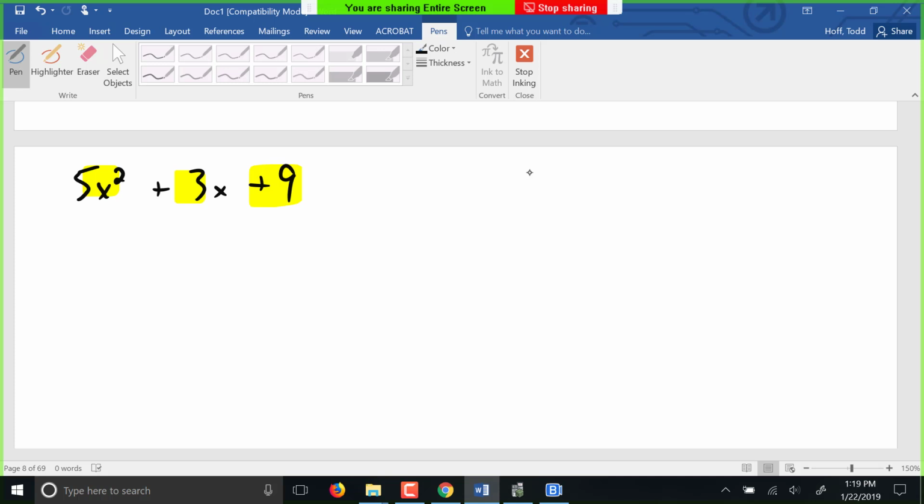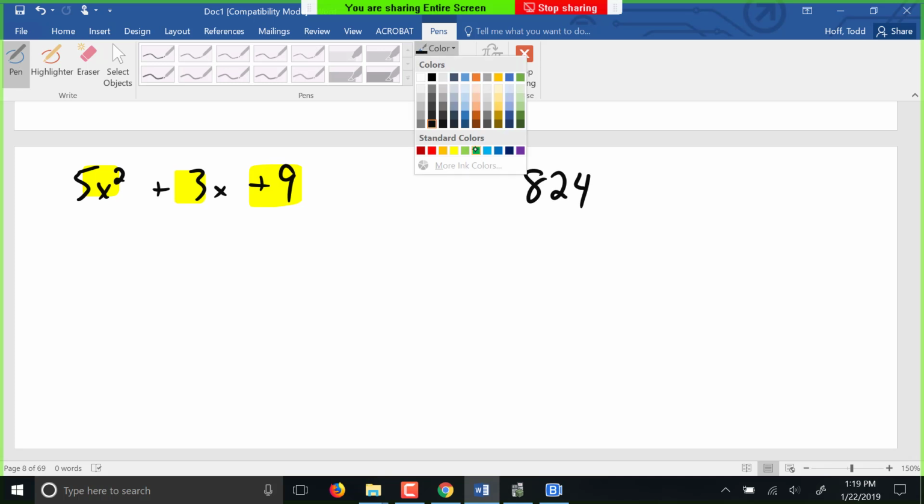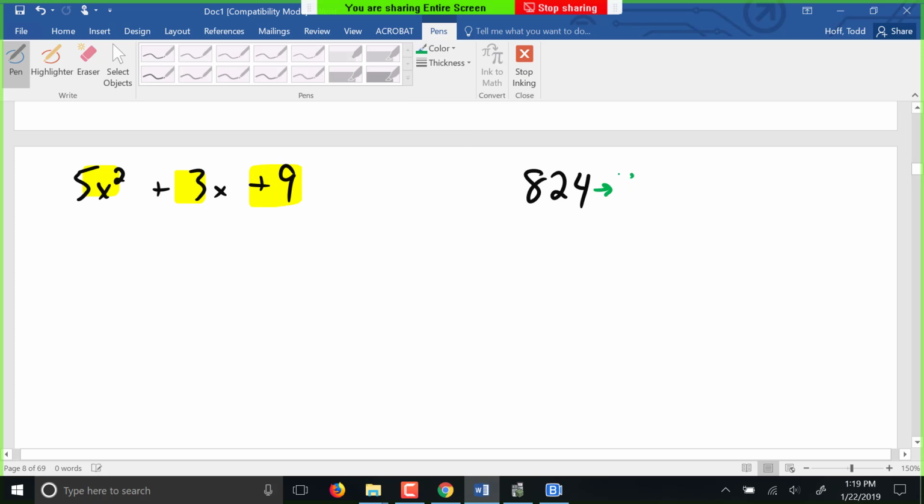Think back to a number like 824. When we wrote that in our expanded form, it was 8 hundreds and 2 tens and 4 ones.